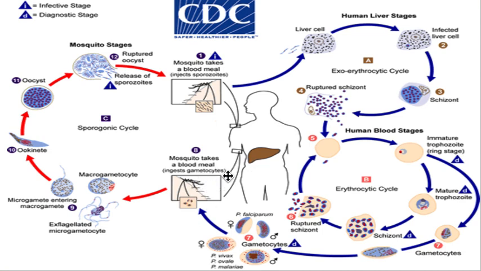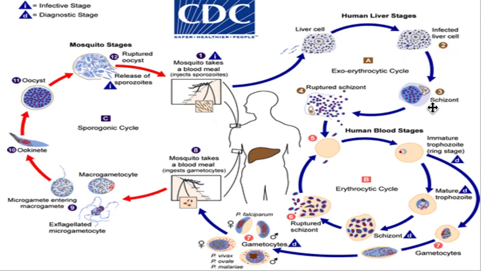So it ingests the gametocytes. Basically, what happens is the mosquito has these things called sporozoites inside it, and then the sporozoites will go to infect the liver.